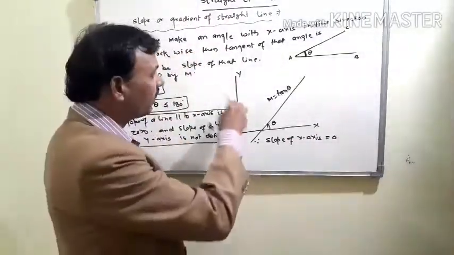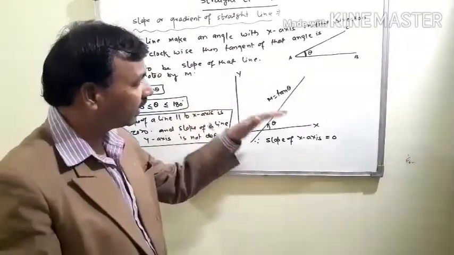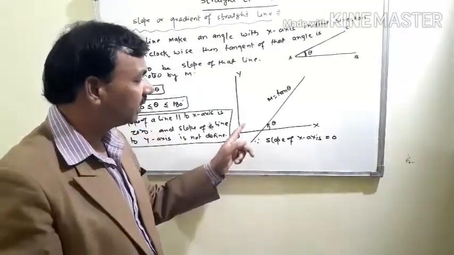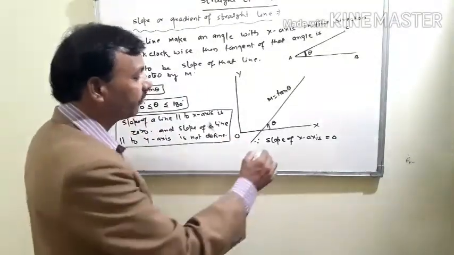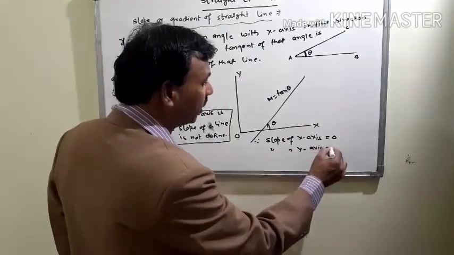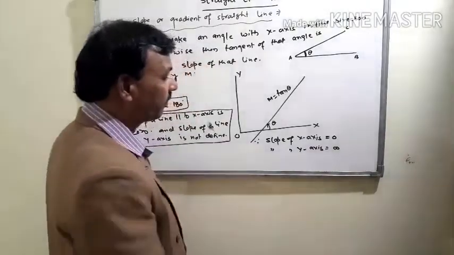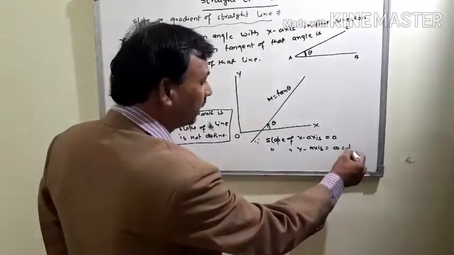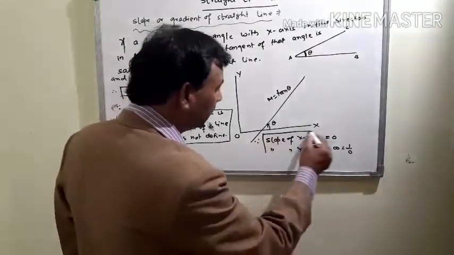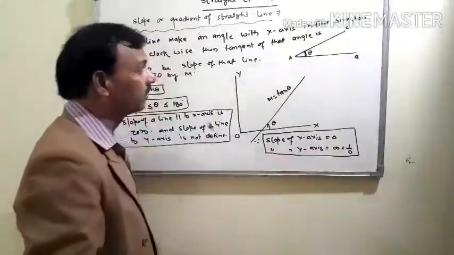And for the slope of the y-axis, since the angle between the y-axis and x-axis is 90 degrees, theta equals 90. That means the slope of the y-axis is not defined, or you can write 1 upon 0 also. So this is the slope of the x-axis and this is the slope of the y-axis.